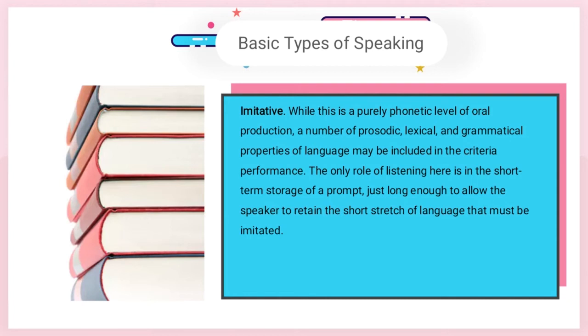The only role of listening here is in the short-term storage of a prompt, just long enough to allow the speaker to retain the short stretch of language that must be imitated. So here, the listening role is just short-term storage.